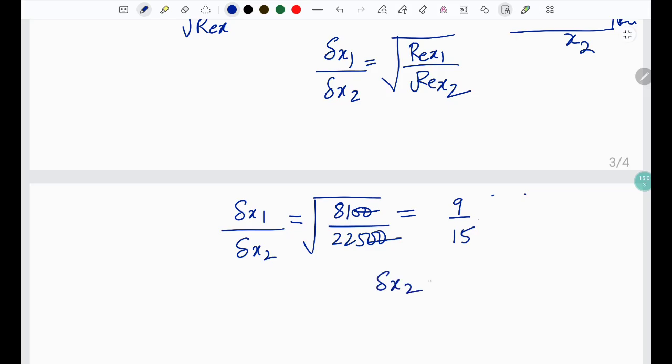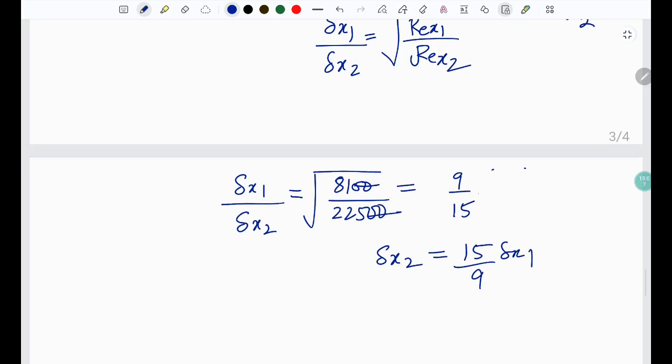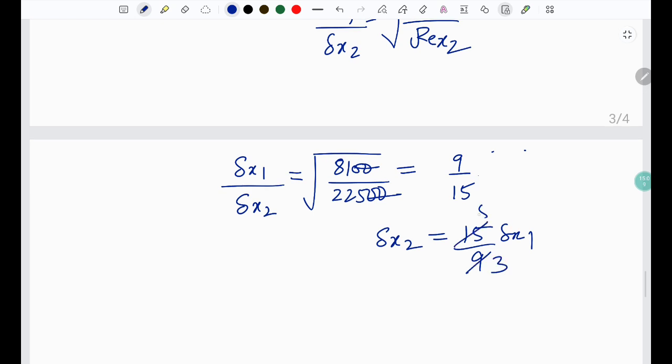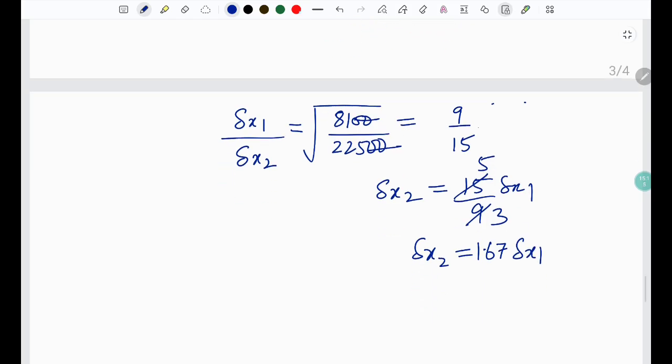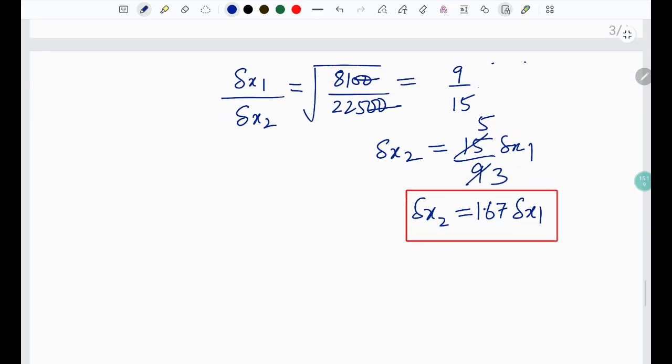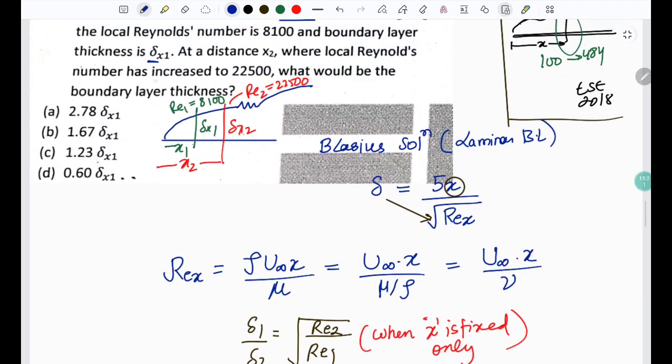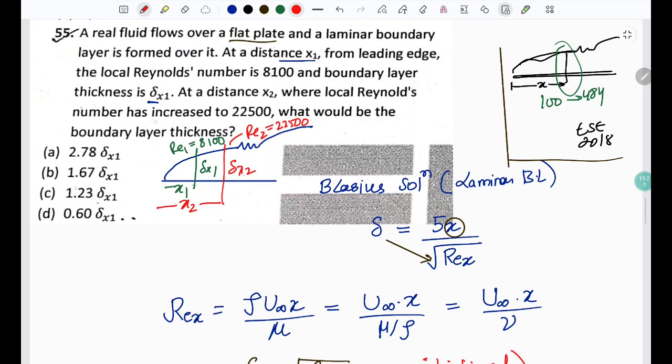Therefore delta x2 is 15 by 9 delta x1, that is, delta x2 becomes 1.67 times delta x1. So hence the correct answer would be 1.67, not what I made the mistake.